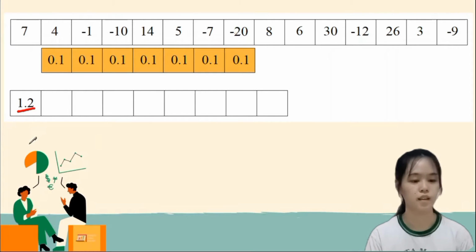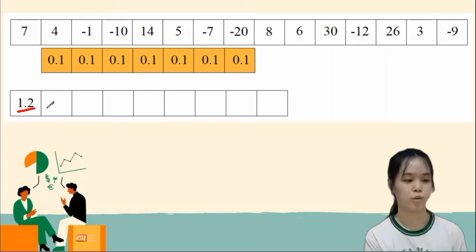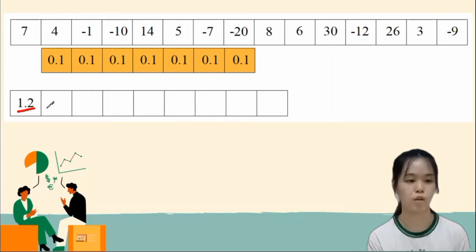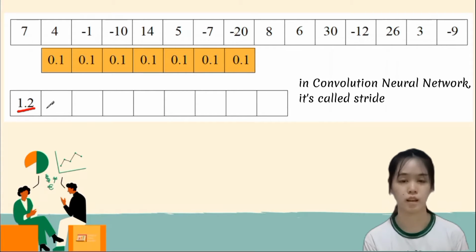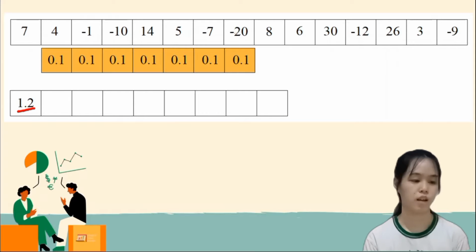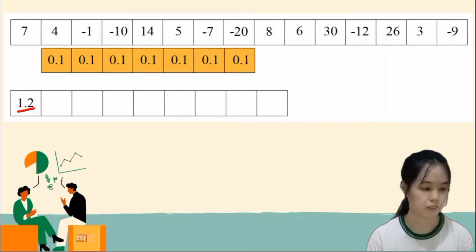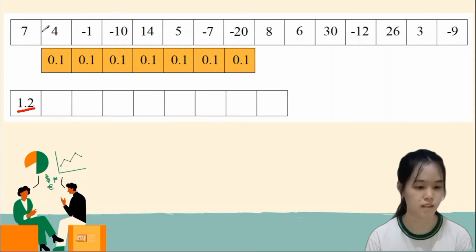After calculating that, we slide the kernel by 1 point. In deep learning, this is called the stride. The stride is 1.